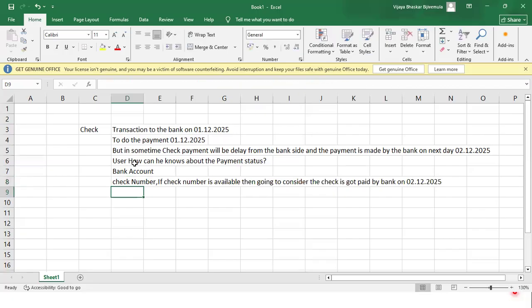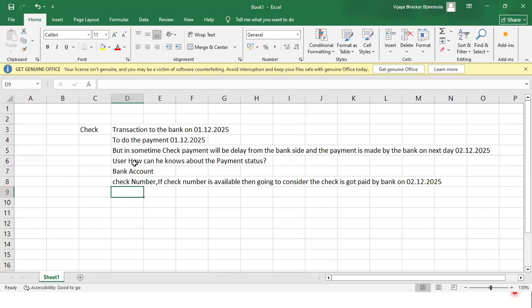On this date he will cross-check all the details, check the statement, and find that the related check number was paid on 2 12 2025.